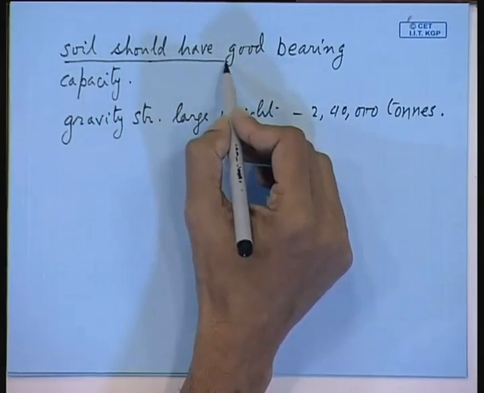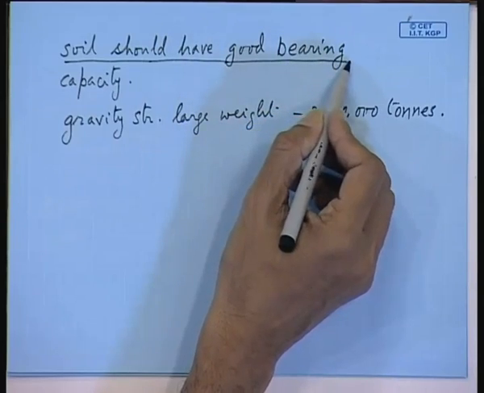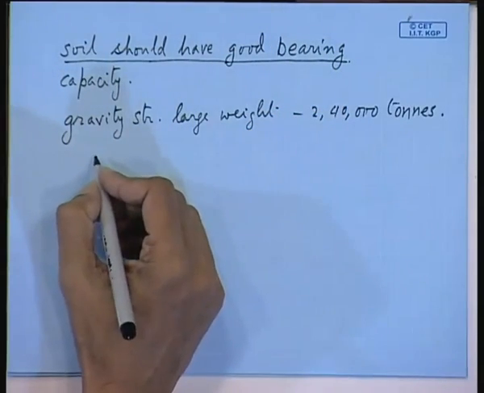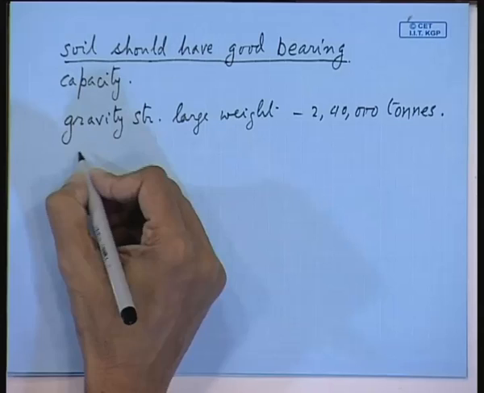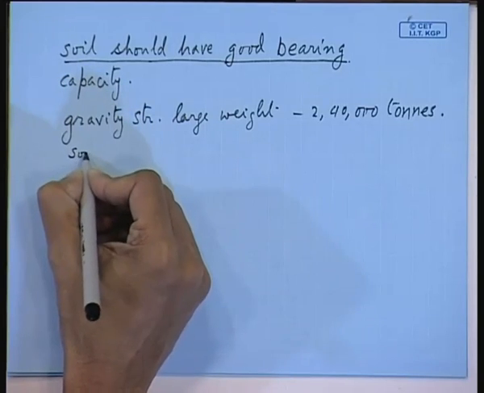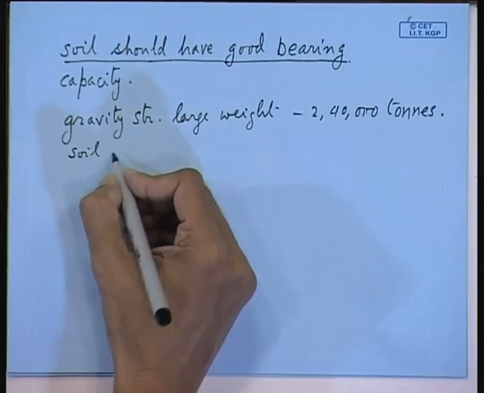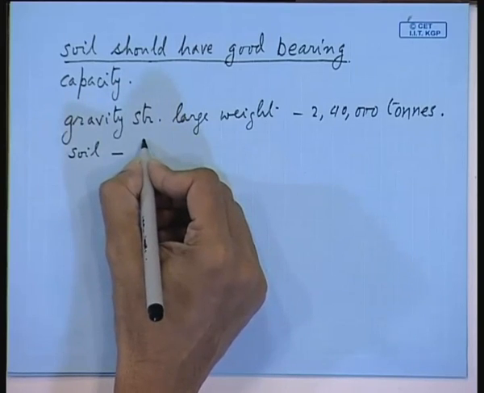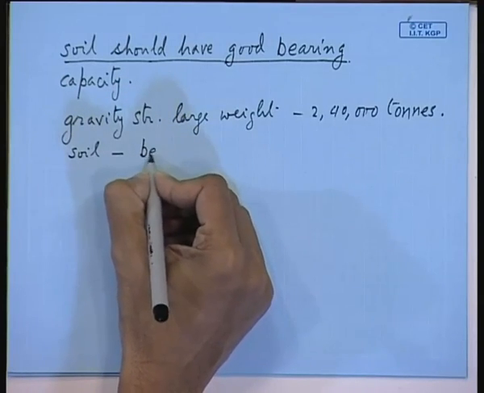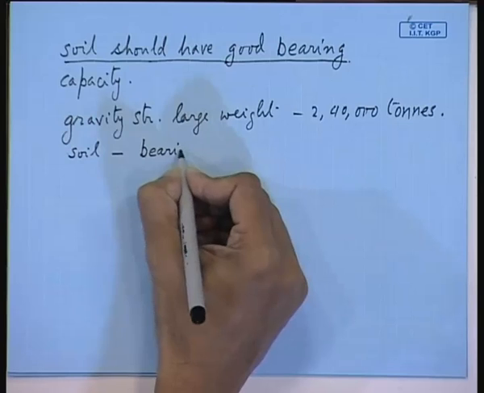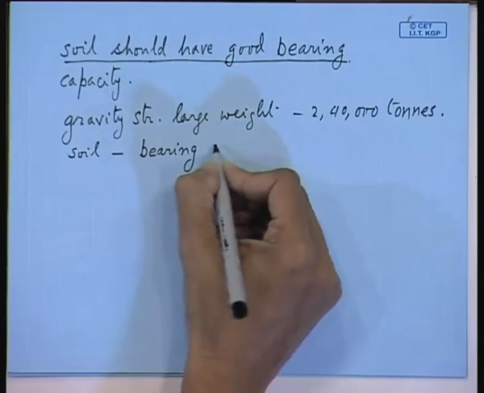Now, soil basically you will find there is a bearing strength and there is a shear strength. Soil actually is marked by two characteristics. One is called the bearing strength. This in soil mechanics you will come across.